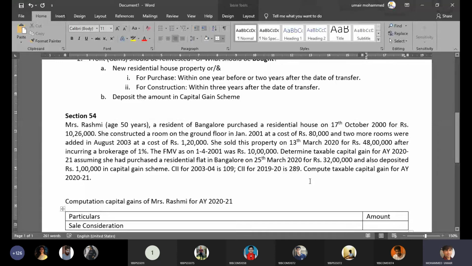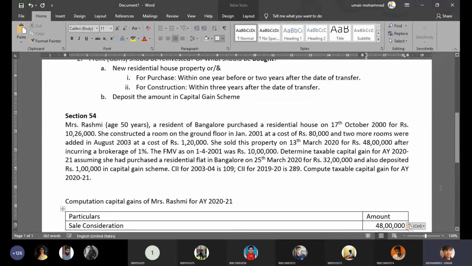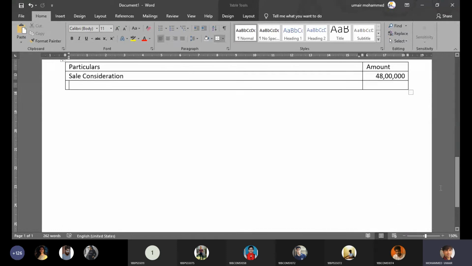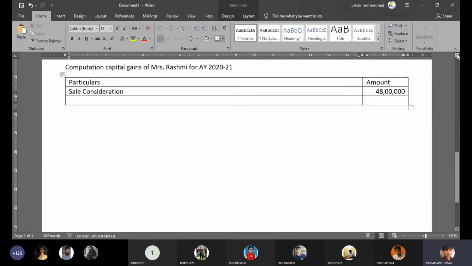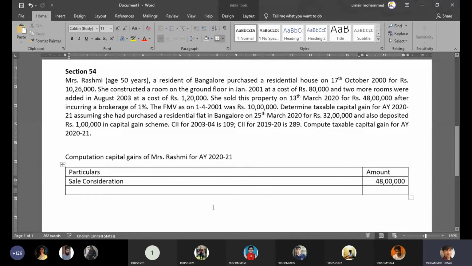And she has also paid or incurred brokerage of 1%. 1% brokerage is your transfer expenses.